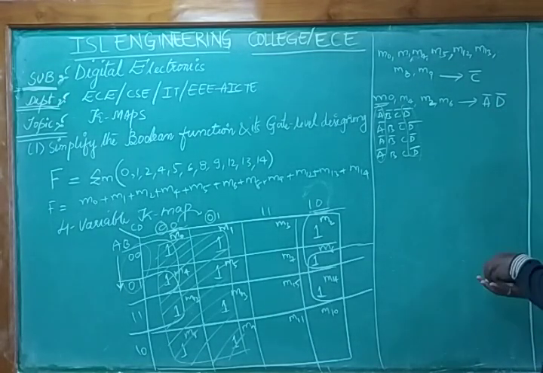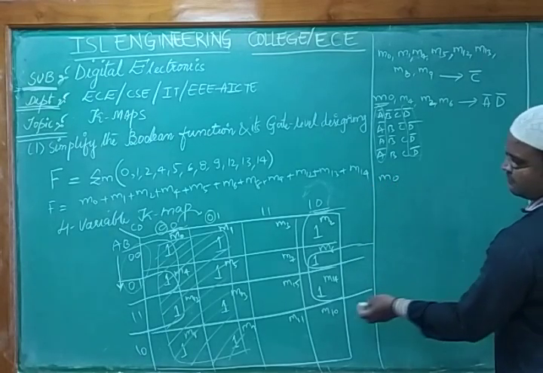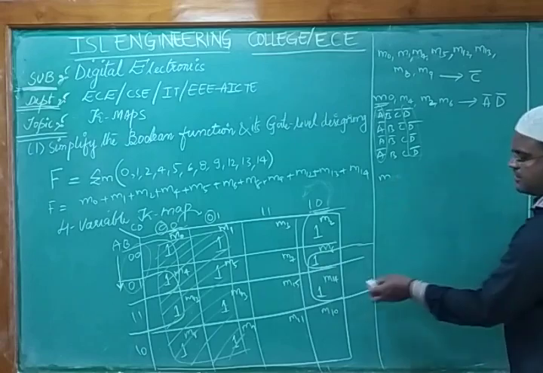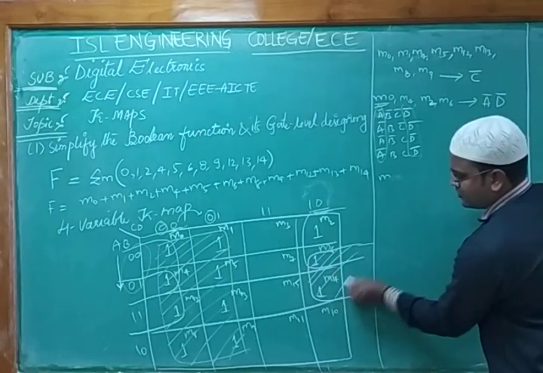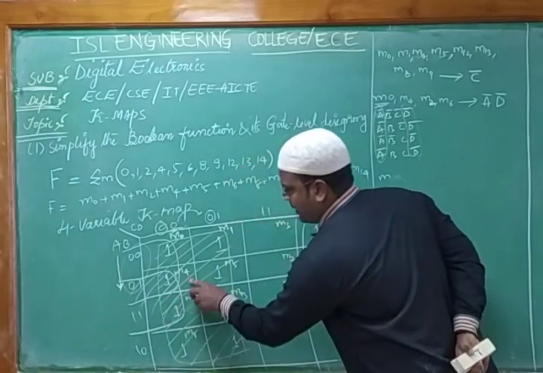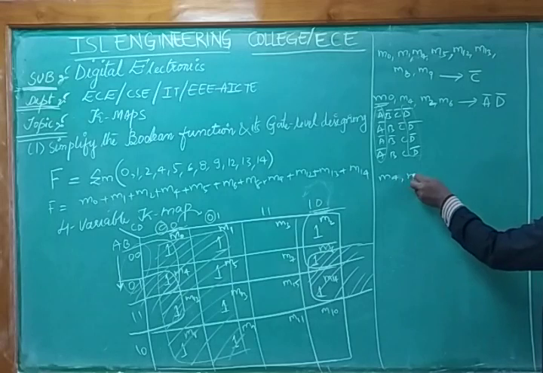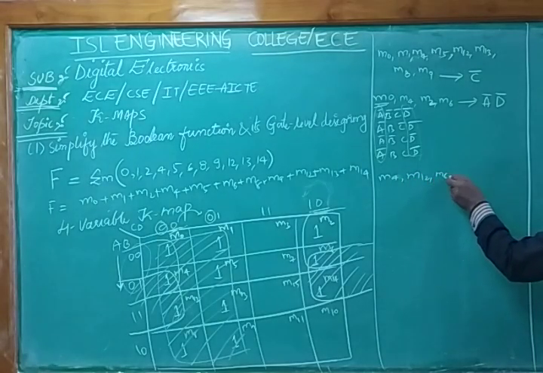Likewise, if I take the next combination, what did we have left? We had M4. So next I am taking this one, this two, and here also we do have this. So I can write M4, M12, M6 and M14. Now what can I take common?